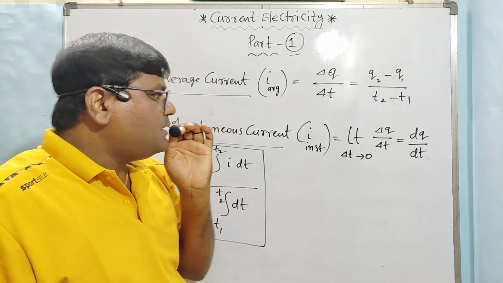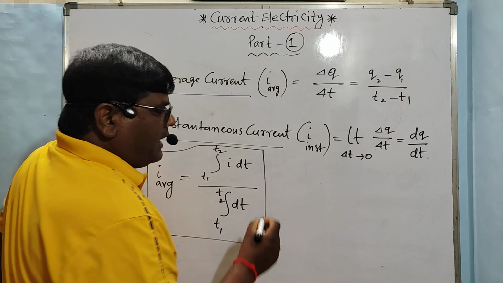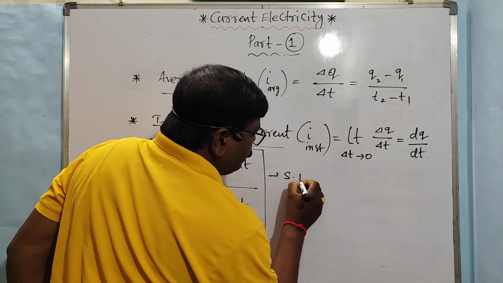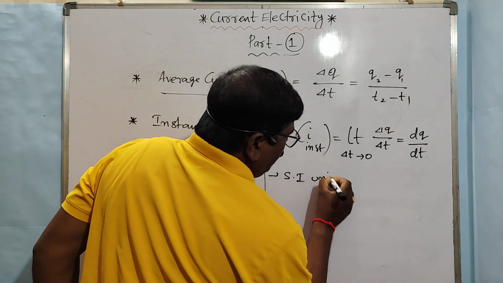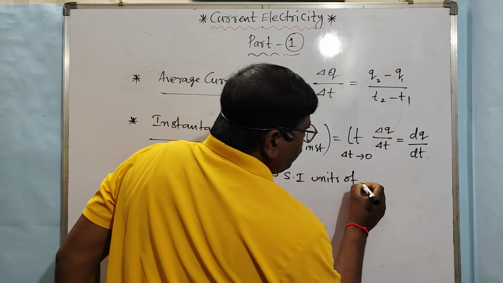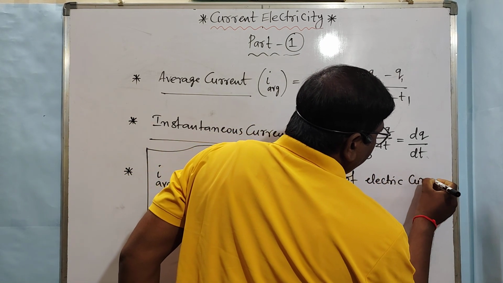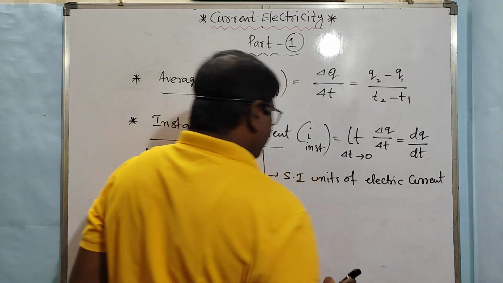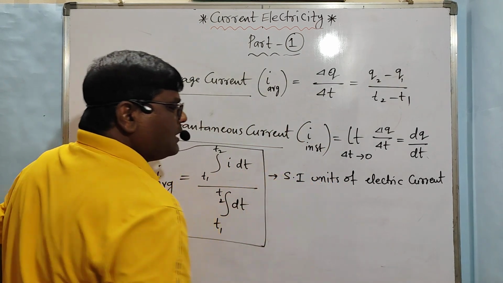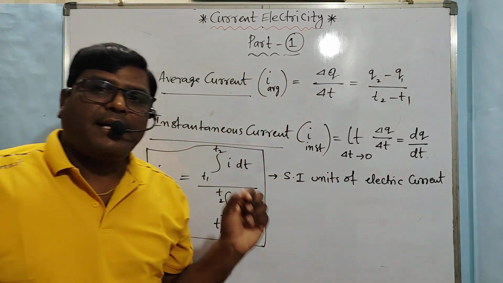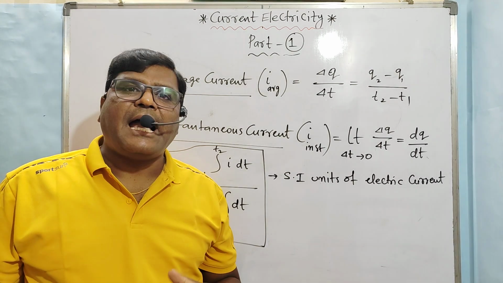Next, what is the SI unit of electric current? Electric current is measured in amperes.